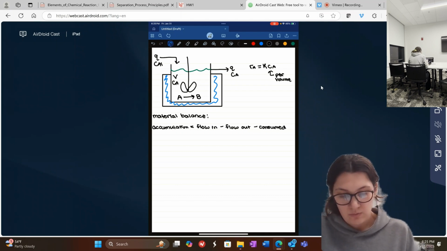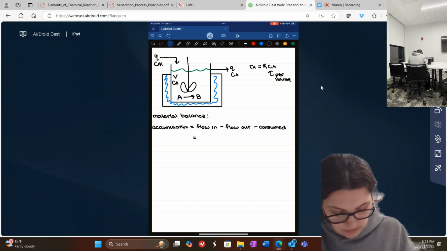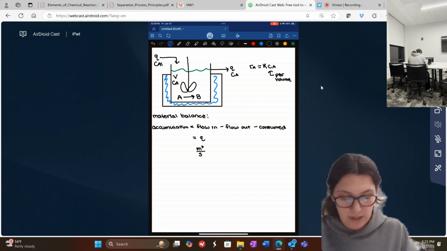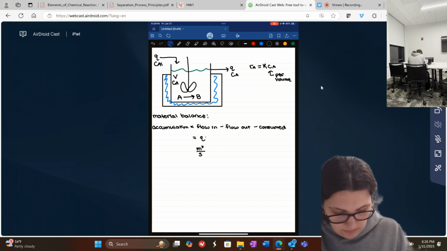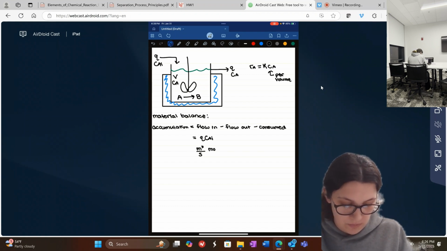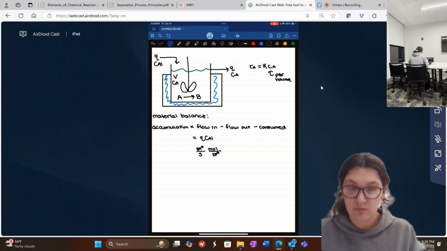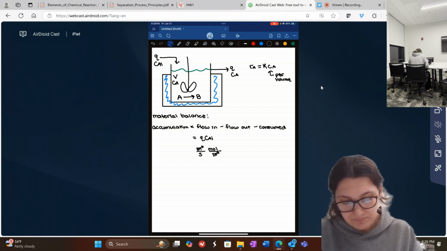So starting with the right-hand side of the equation, we have some flow going in, the volumetric flow right now, so that's meters cubed per second, but we want this to be a molar flow rate. To do that, we can multiply by the concentration, since concentration is moles per meter cubed. So we can cancel these two terms, which will give us moles per second.